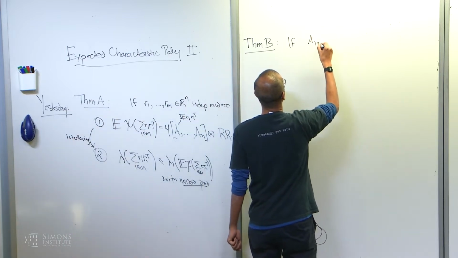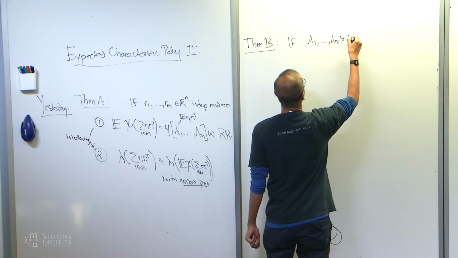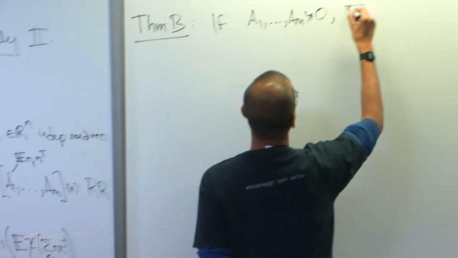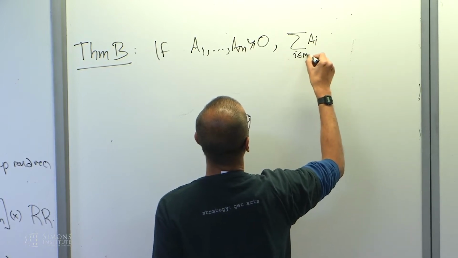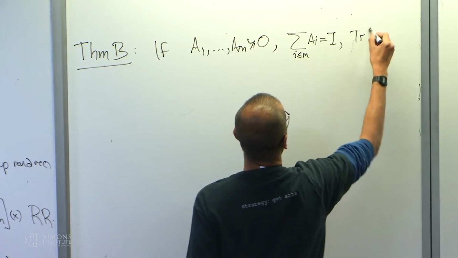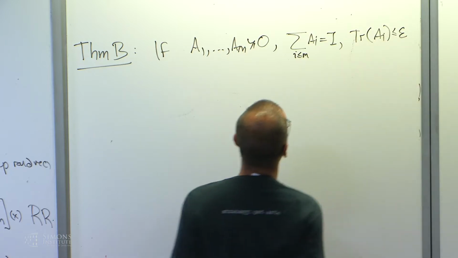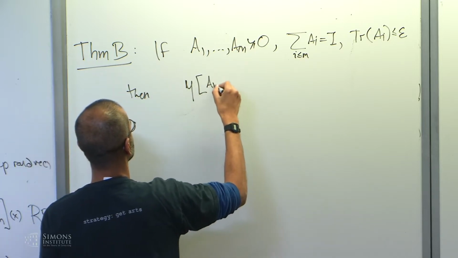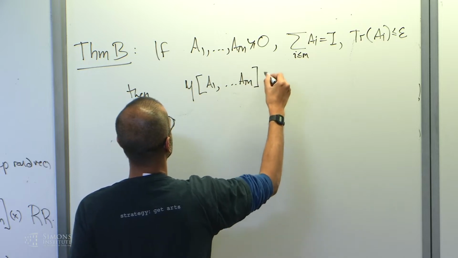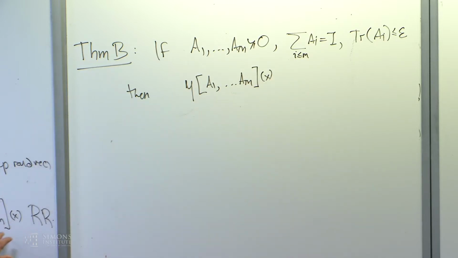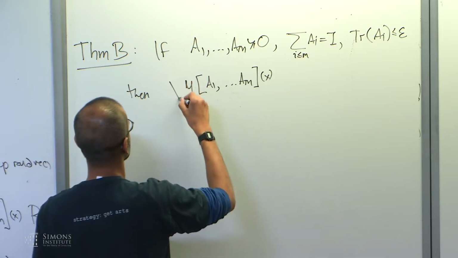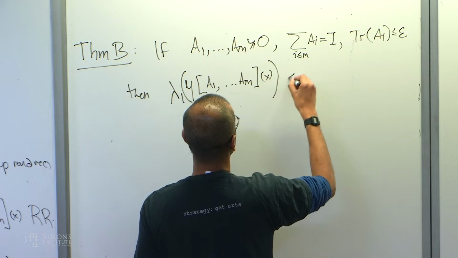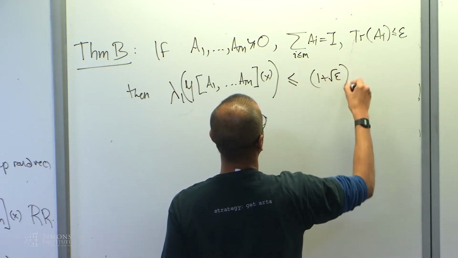So if we have m positive semi-definite matrices, which add up to the identity, and have trace bounded by epsilon, then the mixed characteristic polynomial of these matrices, so remember, that's just the polynomial you get when you look at the expected characteristic polynomial of random vectors which have those matrices as their covariance matrices, then the largest root of this polynomial is at most (1 plus square root epsilon) the whole squared.